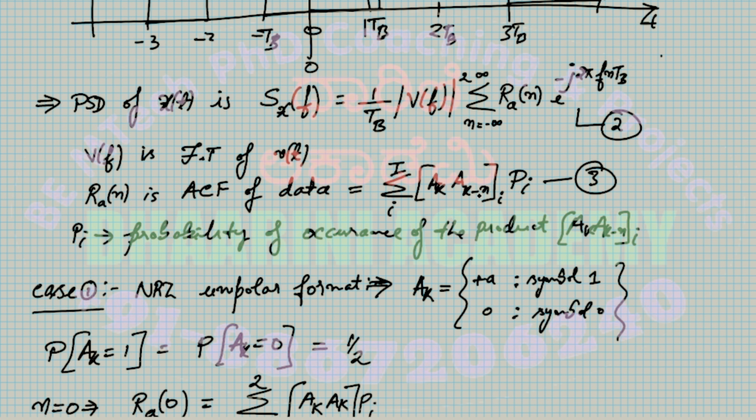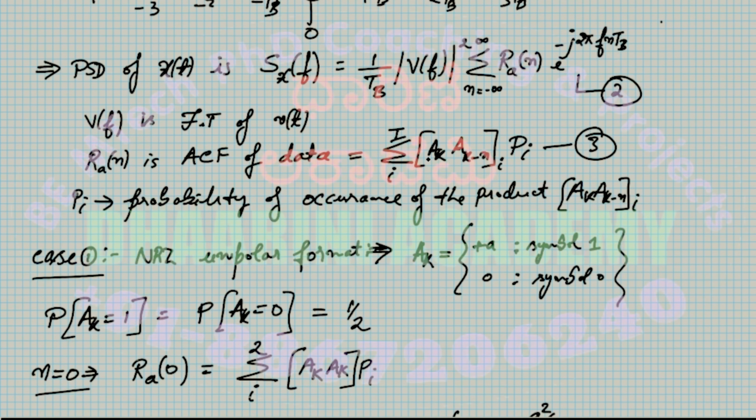How many ways can you generate that? Small i takes values 1, 2, 3, 4, up to capital I. That's the meaning of this notation, multiplied by Pi, the probability of occurrence of that product. So in how many ways can you get this done? That is the representation.